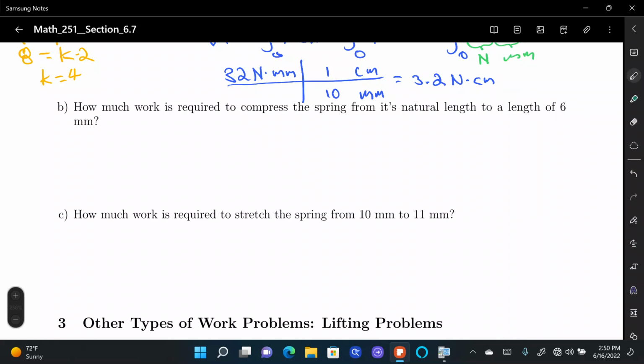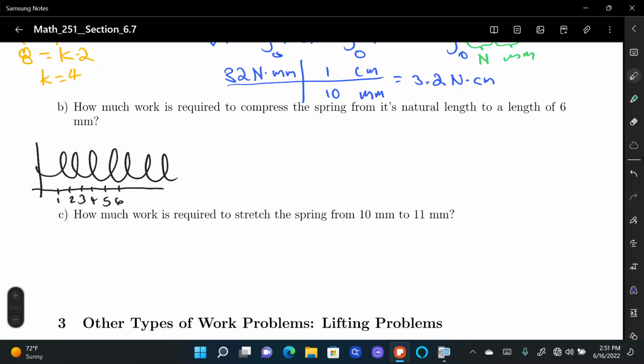So the spring, its natural length is 8 millimeters, right? 1, 2, 3, 4, 5, 6, 7, 8.